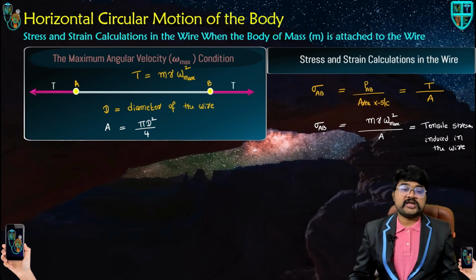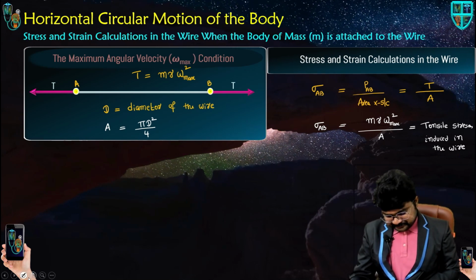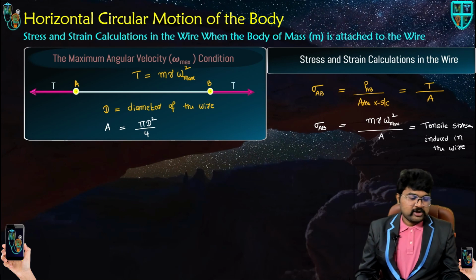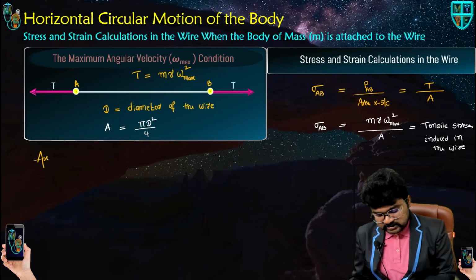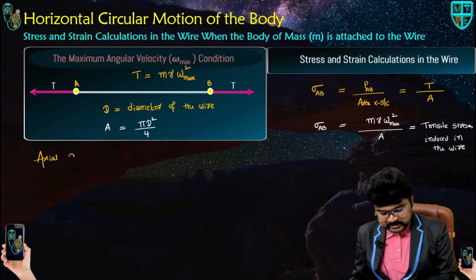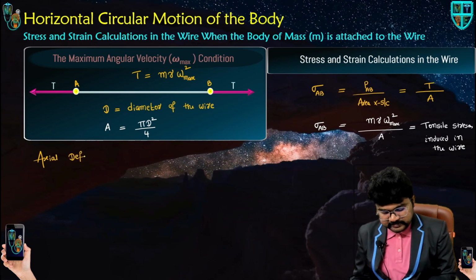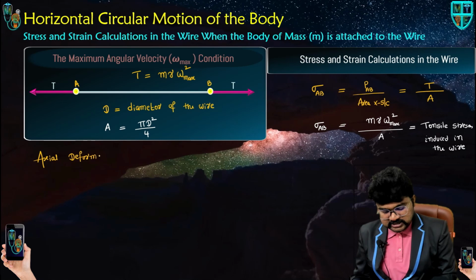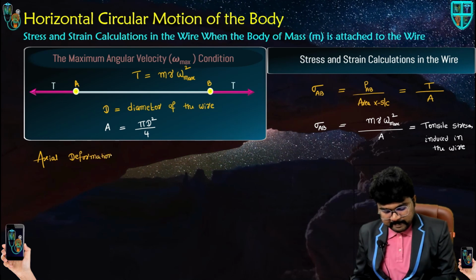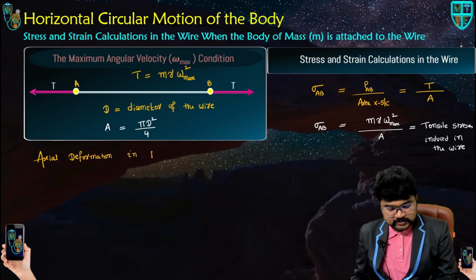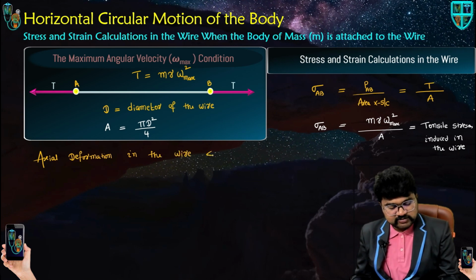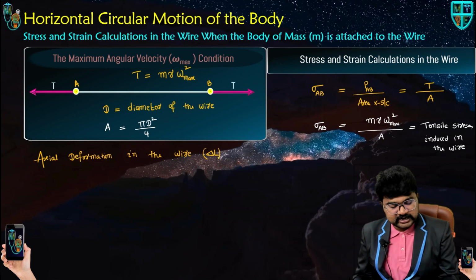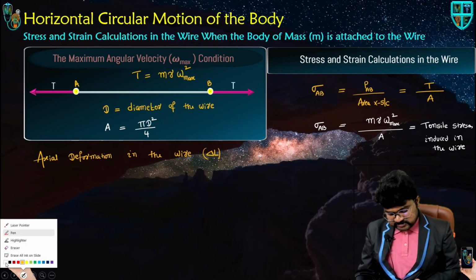What is the strain induced in the wire? Before going to that, what is the axial deformation in the wire? I can say delta L is the axial deformation in the wire.